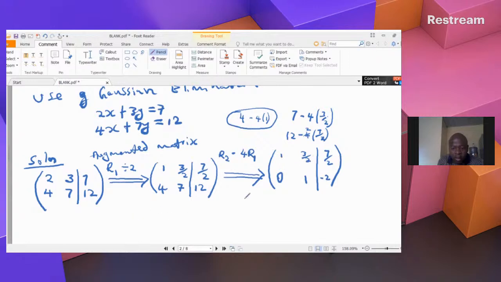Let me see what this matrix means. What this matrix means is that the first row means that if I have 1x plus 3 out of 2y, the result will be 7 out of 2.